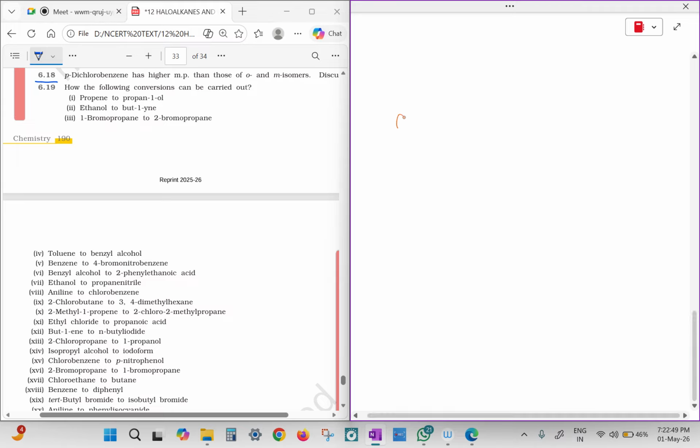Similarly, I'll ask you one simple question. CH triple bond CH. I can treat it with any amount of sodium I like, and I want this compound. Plan. What can be done? How can I do this conversion?